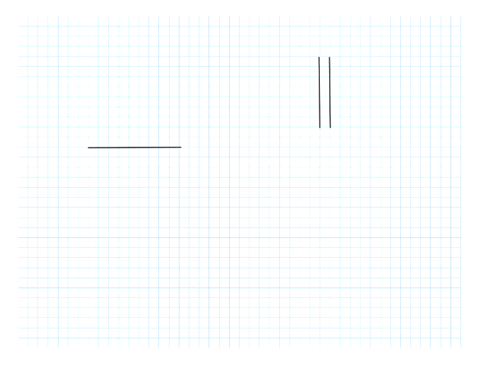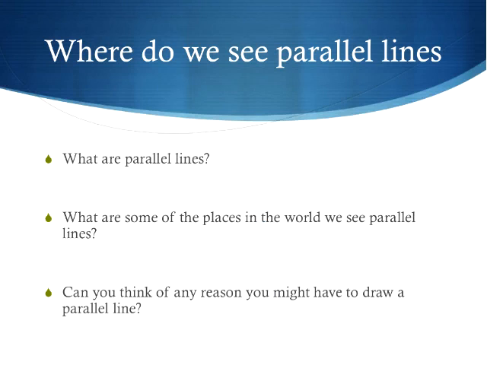All right, so can you think of any reason you might have to draw a parallel line? That's probably a more interesting thing. So in what way might we have to draw parallel lines? Zach's got an idea, so we're going to wait and see what he has to say. Yeah, building plans are one of the very biggest things.